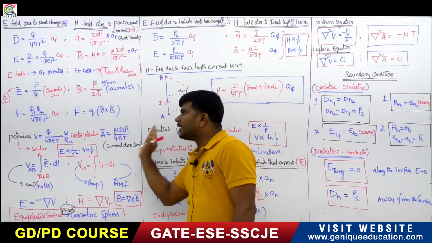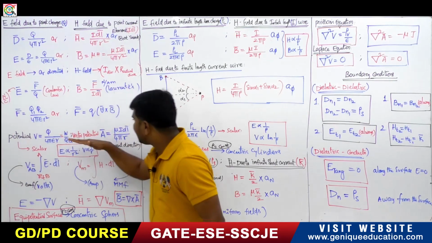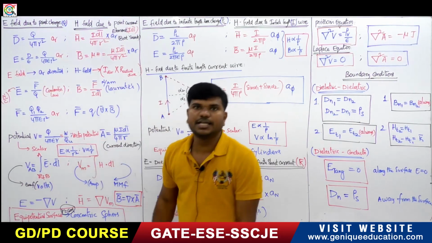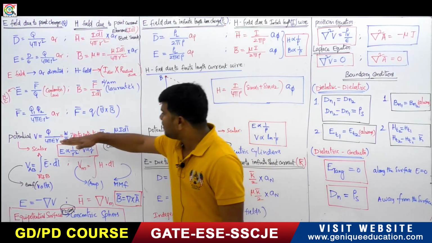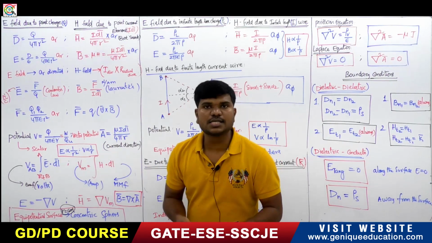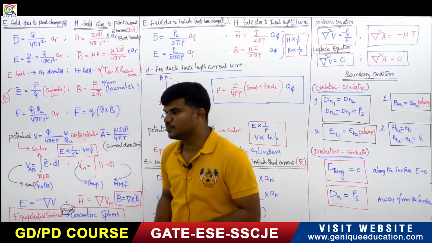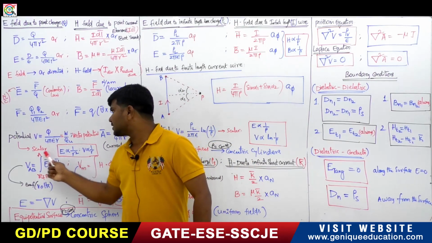Similarly, for the magnetic fields, if it is the electric potential, I am defining the magnetic potential here. The magnetic potential here is a vector potential. It is also called vector magnetic potential. The electric potential is a scalar.